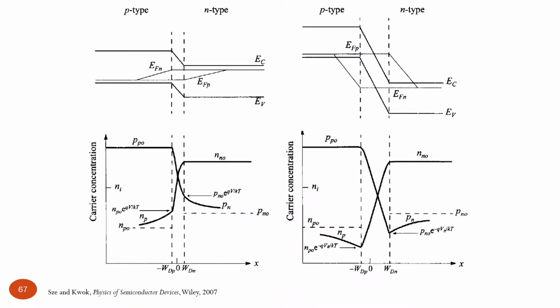Usually, if you take a look, for instance, at images from Sze, Physics of Semiconductor Devices, they also show these linear regions for the p-n junction, because it's just easier to draw. You don't need to keep in mind how this quadratic function will change when you change potential.